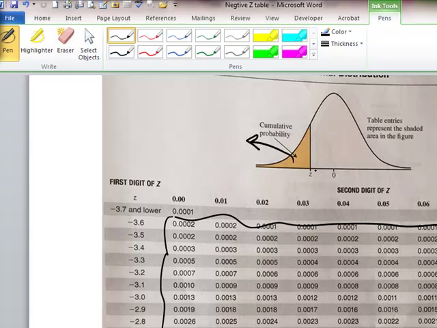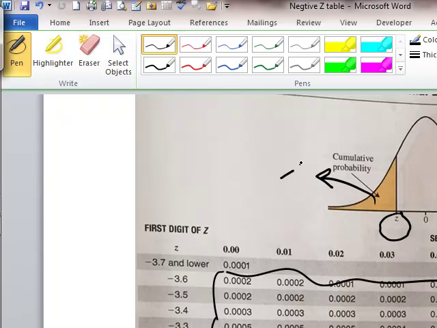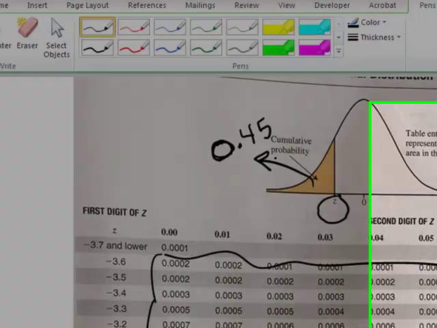So whatever the z-value is that gives me 0.45 to the left of it would be the z-value that I must use in my calculation.